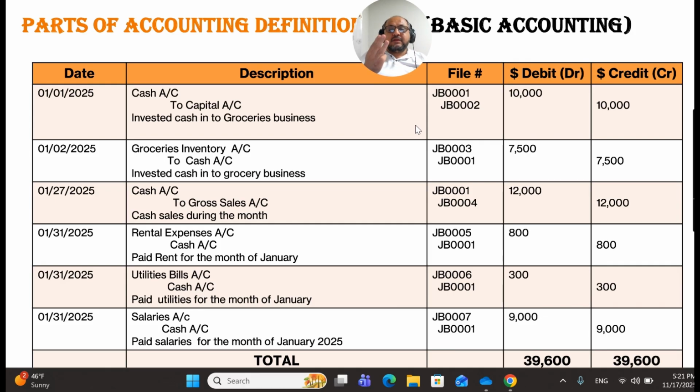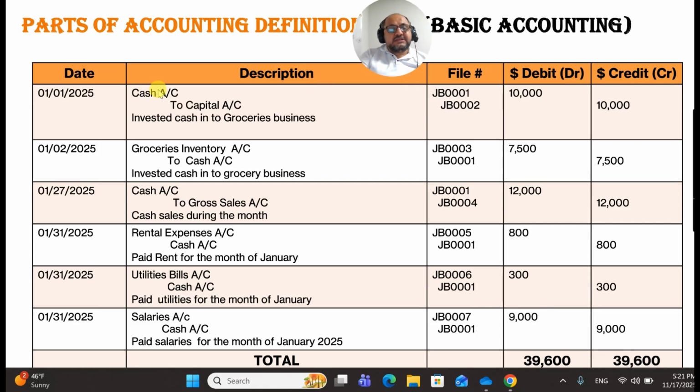But the other three, which are liabilities, owner's equity, and revenue: increase is recorded as a credit and decrease is recorded as debit because they have to pay it back. Remember this.